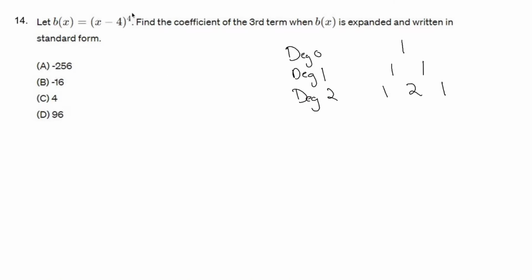We are going to work our way to degree 4. So we have 1, 3, 3, 1. That's degree 3. And last but not least, degree 4 is going to be 1, 4, 6, 4, 1. All right, I'll explain what those guys are in a second.